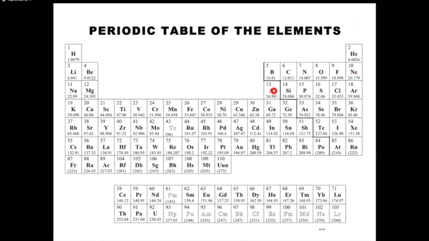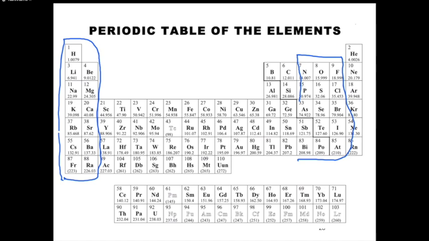It has to lose 3 electrons, becomes a plus 3. Boron will go to 2 electrons, so it will become a plus 3 by losing 3 electrons. If we take a look, there are several areas on the periodic table where I absolutely know what it's going to react.